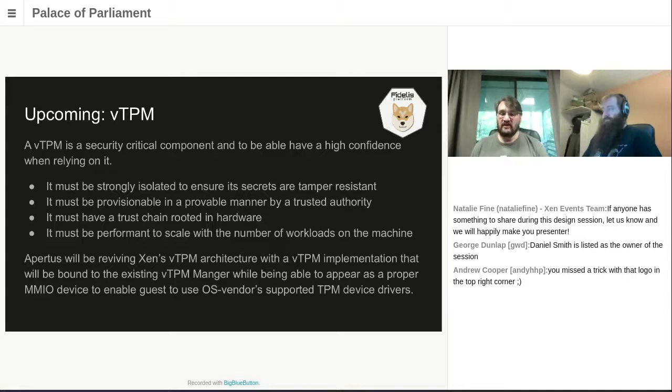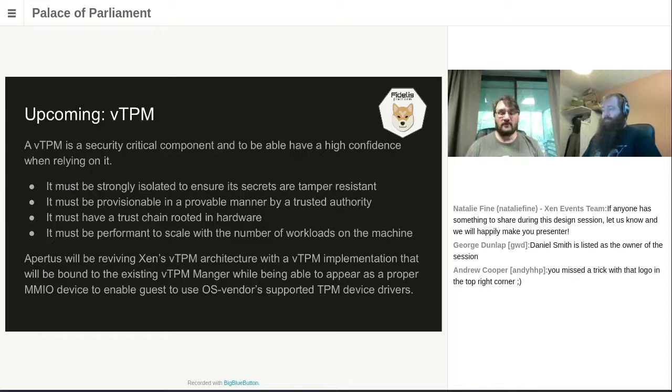It must be tied to the root, the hardware root. So we need to be tied to the physical TPM. And it needs to be performant to scale with the number of workloads on the machine. You need to be able to provide a VTPM per any security critical component in the system.